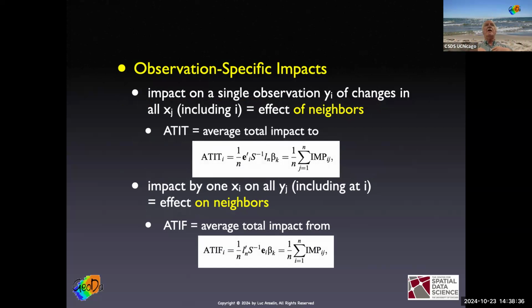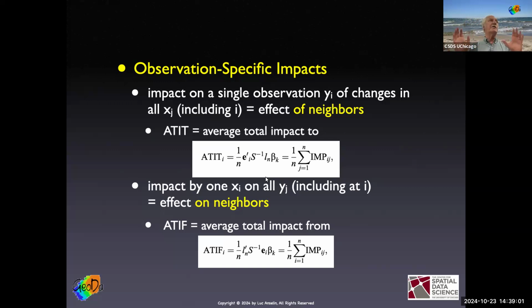The effect of me on the neighbors is the column. So this is, again, using these vectors of ones, kind of a complicated way of writing out what is going on here. But essentially, it's nothing but a sum of the rows or a sum of the columns and taking out the diagonal elements, because those are the direct effects.